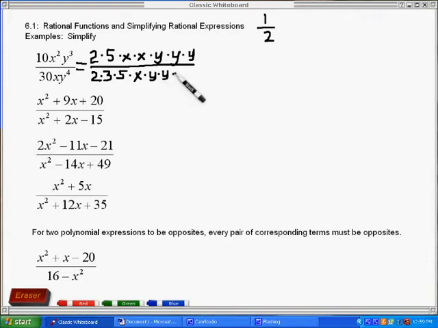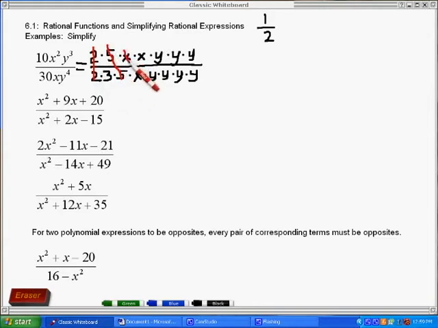This is the very first way most of you have probably seen how to simplify these type of rational expressions. It's not the fastest way, but it does show exactly what's going on, because then what we do is we go ahead and we simplify. We divide out the common factors. So since we have a 2 and 2 on the bottom, we divide those out and they just become 1. We can divide out the 5's.